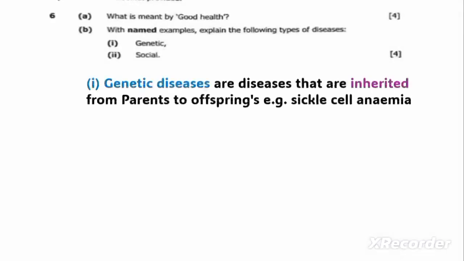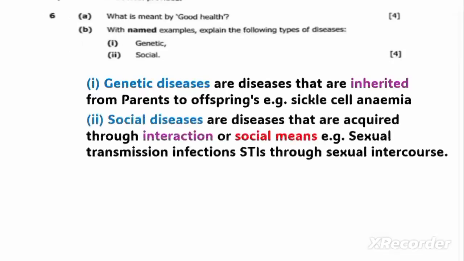So therefore, we are going to say social diseases are diseases that are acquired through interaction or social means. Sexually transmitted infections, STIs, through sexual intercourse, are examples of social diseases. Okay.